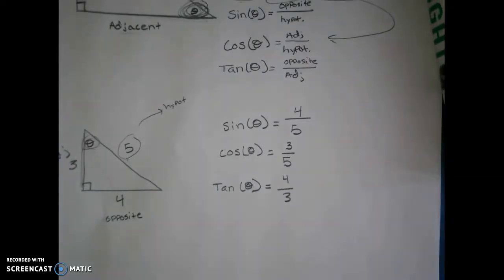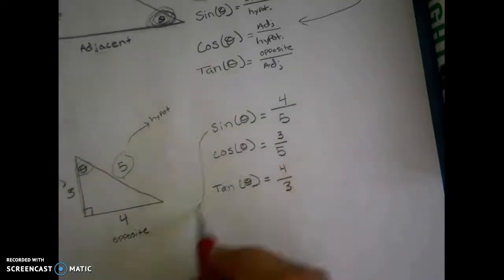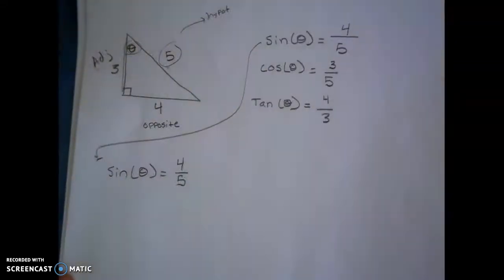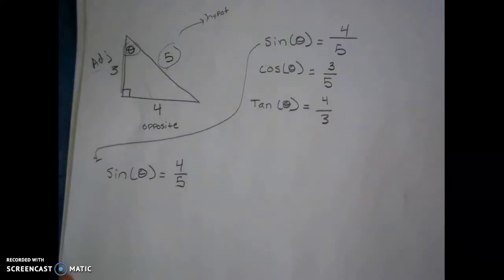Now let's talk about how I solve for theta. How do I find out what theta is? Let's say we have this first one, sine of theta is equal to 4/5. How do I find theta? I have this operator here that I need to get rid of to get theta by itself because I'm solving for theta. Just like our last unit with logs and exponentials, what did we have to use to get rid of that operator and solve for our variable?